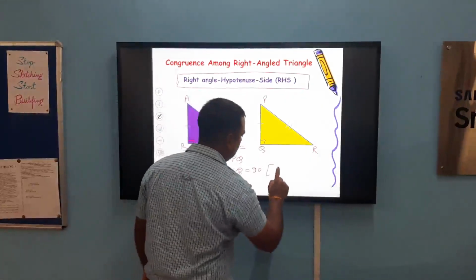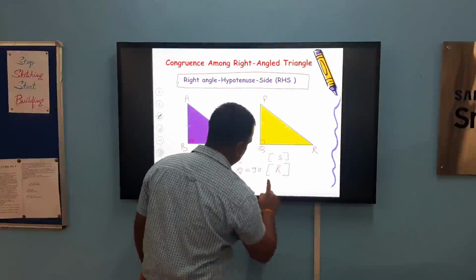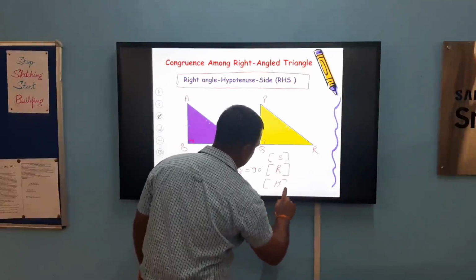Here this is the right angle, this is the side, and this is the hypotenuse.